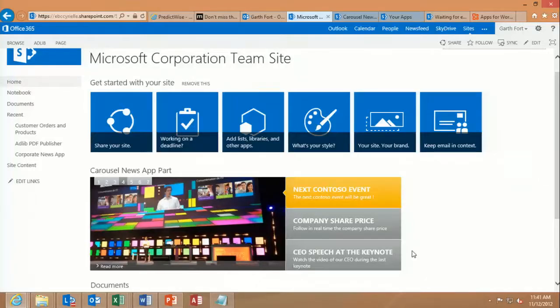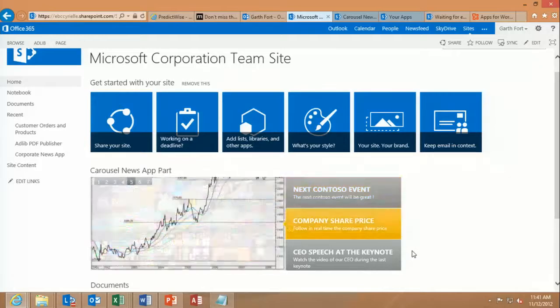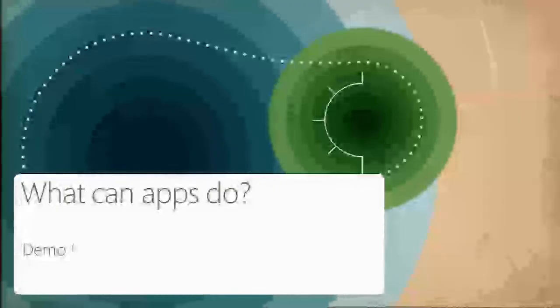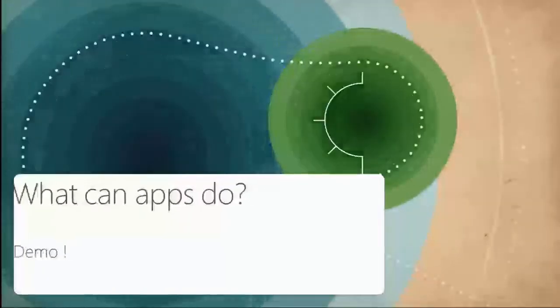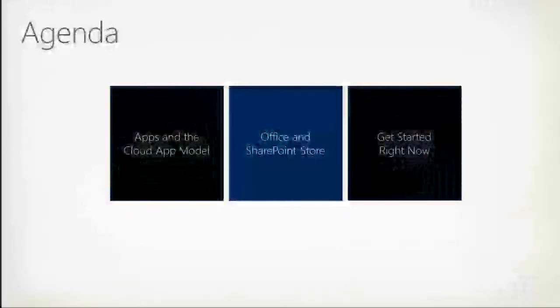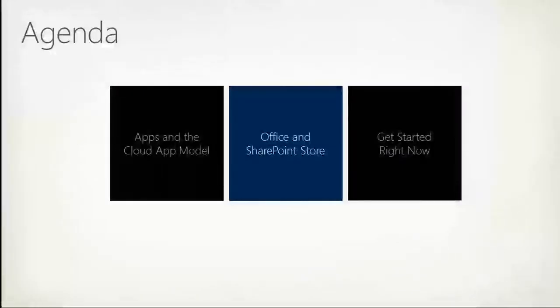So let's go back to our deck just for the transition, because in the next part of the demo, we're going to talk about the Office and SharePoint store, and a little bit more about the acquisition experience, discoverability experience, and management experience of apps. How can I configure and manage the store for an organization, and how can I set up my own store through an app catalog?